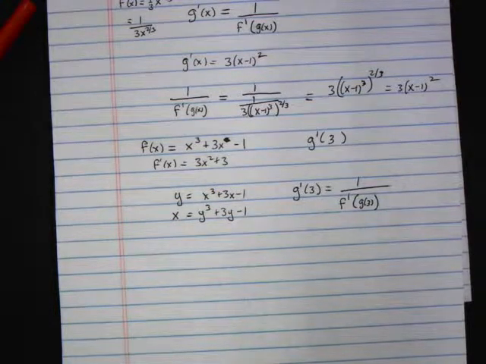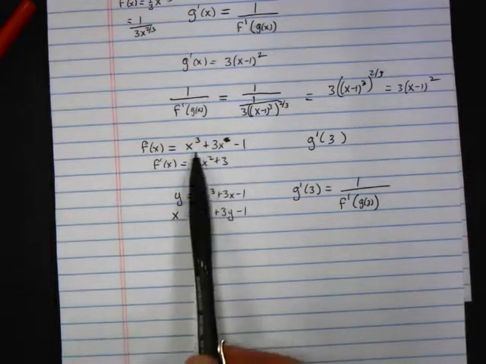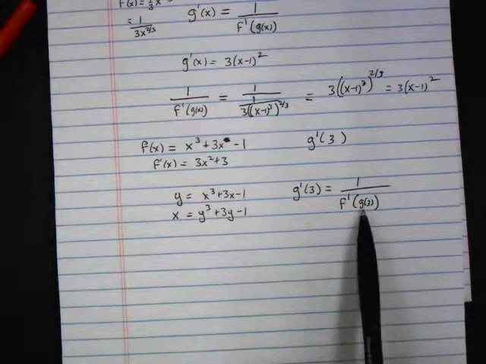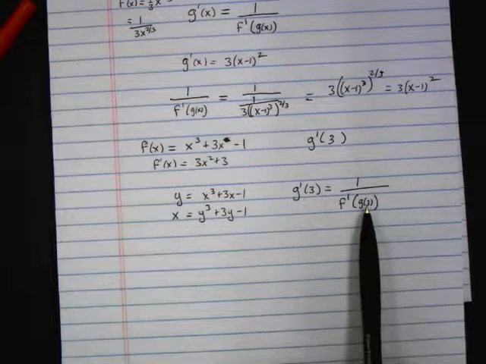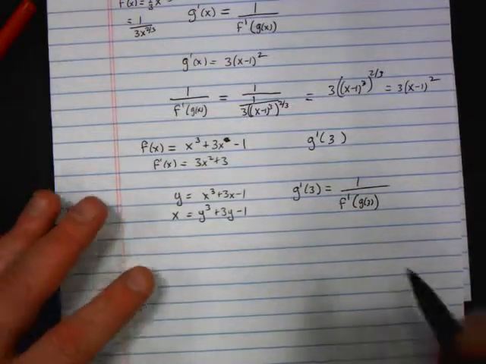Can I find f prime? Yeah, I already did, didn't I? I already found f prime. Here's the hard part. I need to know what g of 3 is. Well, it should be f of 3, right? No, it shouldn't be f of 3, it'd be the y value. All right, correct.